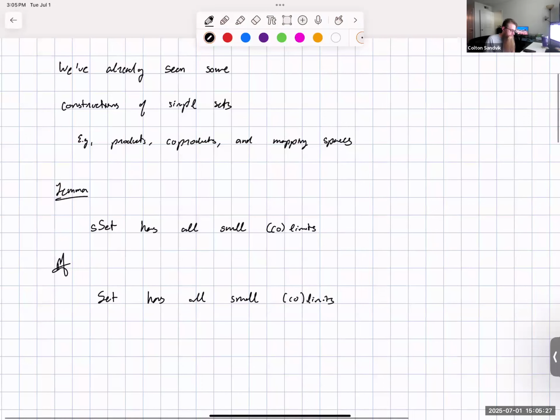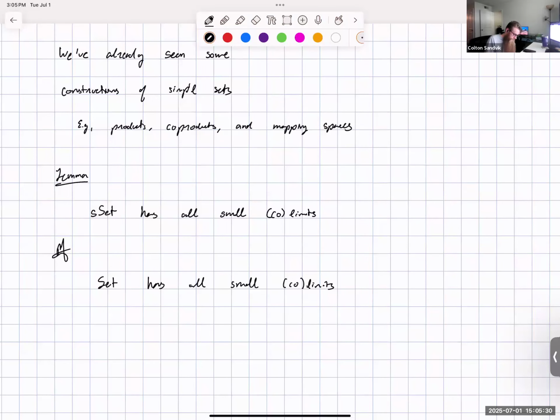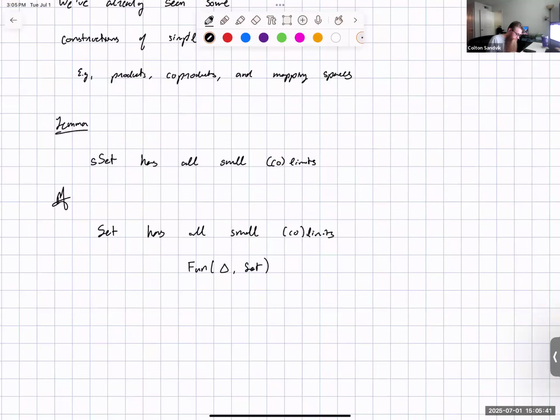It's a general fact in category theory that if you have functors from any category to one that has limits and colimits, then that functor category will also have all limits and colimits. So this is really just from the definition of what we started with.